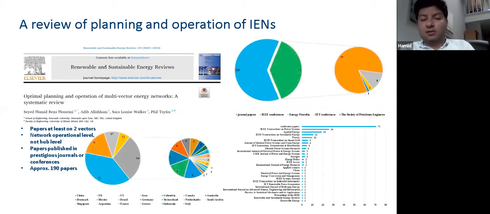This graph shows which country each paper comes from, based on the affiliation of the first author of the paper.